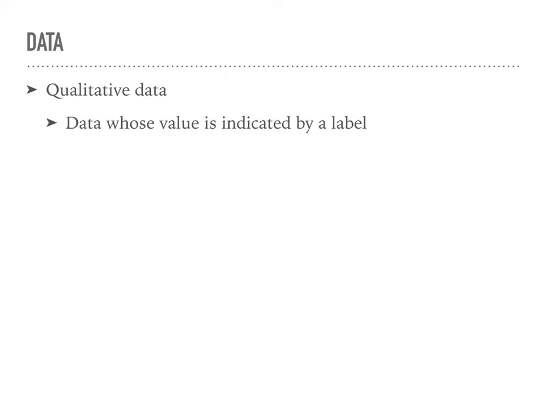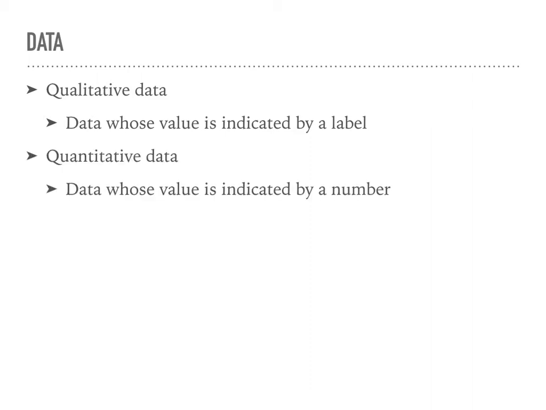So let's talk about data. We could have qualitative data, which is data whose value is indicated by a label. We could also have quantitative data. Quantitative data is data whose value is indicated by a number. So think qualitative, talking about qualities, quantitative, talking about quantities.